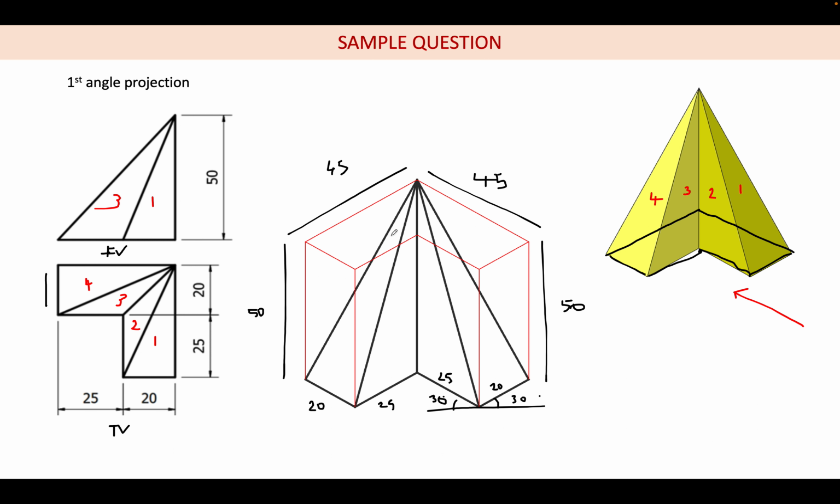After completing this L-shaped object, which is this red color, from this point, this point, this point, this point and this point, all these 5 points, 1, 2, 3, 4, 5, I draw all lines which are going to connect these points.